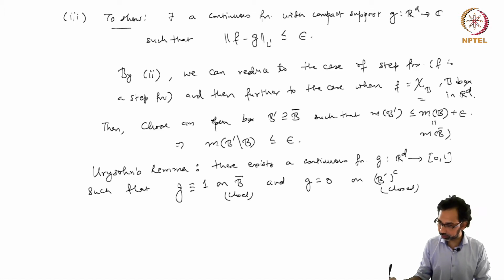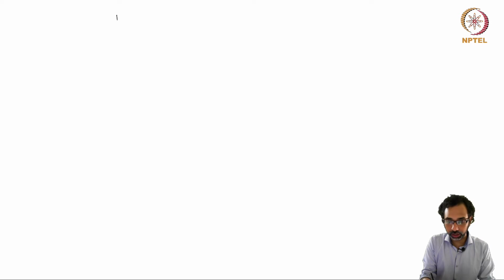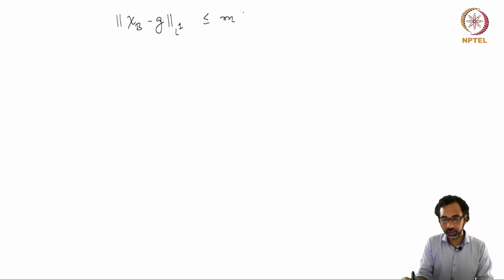So in fact this is the g we want, because the L1 norm of chi B minus this g is bounded above by the measure of B prime minus B bar, because g is 1 on B, and then the only place where g is not equal to 0 is outside B, but it is again 0 outside B prime.